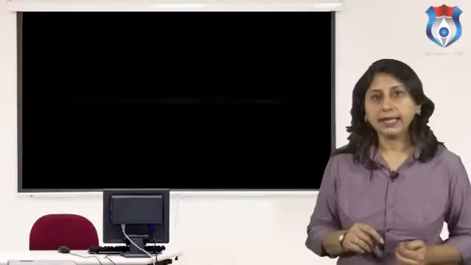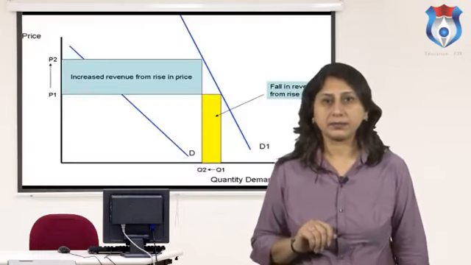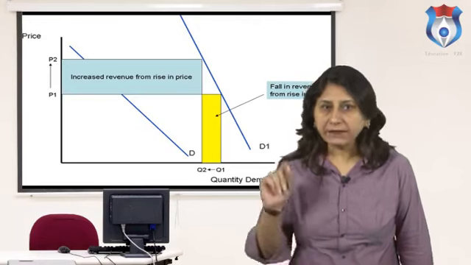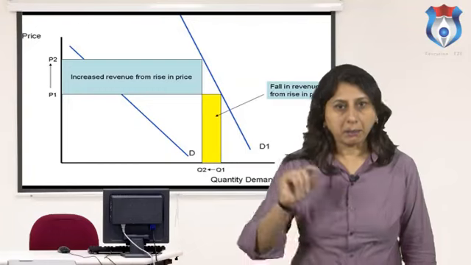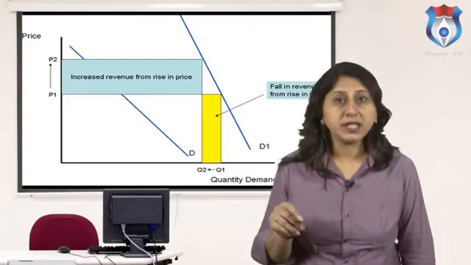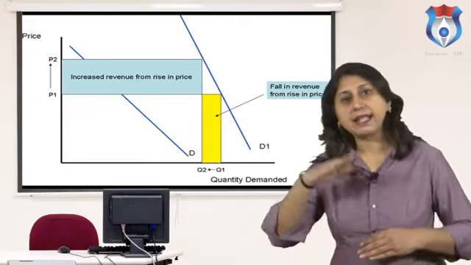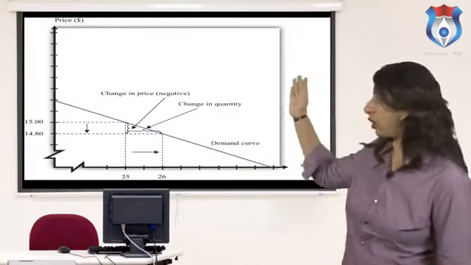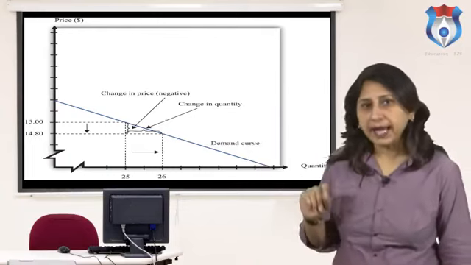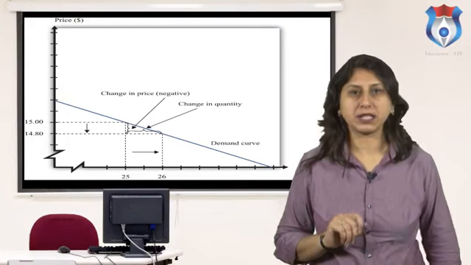Elasticity of demand with respect to advertisement. The advertising elasticity of demand, AED, measures the responsiveness of changes in the quantity demanded to changes in the level of advertising. It is calculated using the following formula: percent change in demand divided by percent change in advertising expenditure.